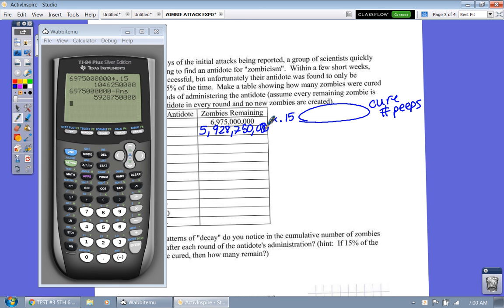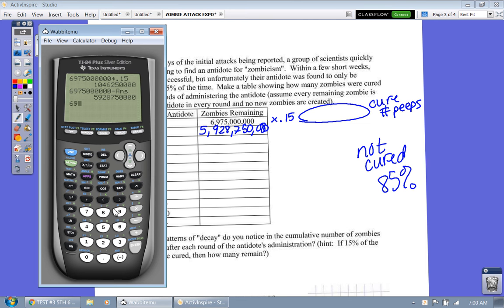But I want to show you a trick. If the number of people cured is 15%, then the number of people that are not cured is 85%. So think about this. If it works 15% of the time, it fails 85% of the time. And 85% would be the number left over.